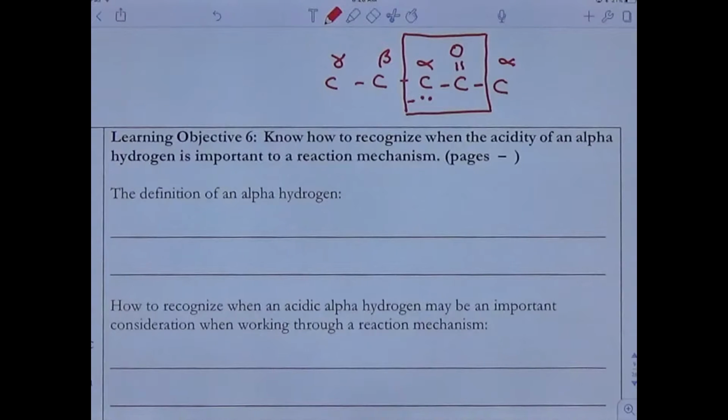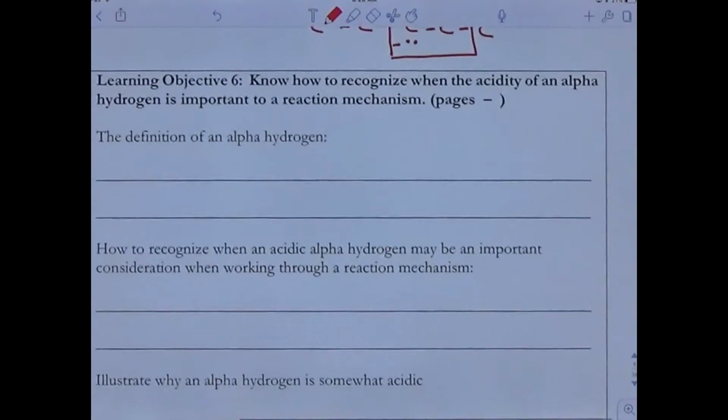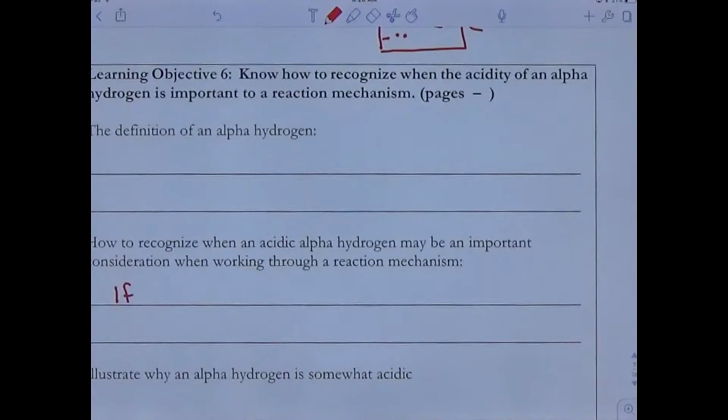So you're going to watch for that as a factor, especially if there is a base present.